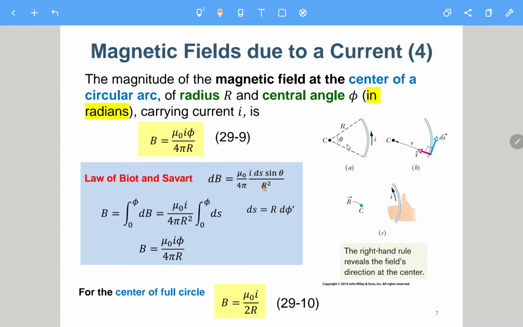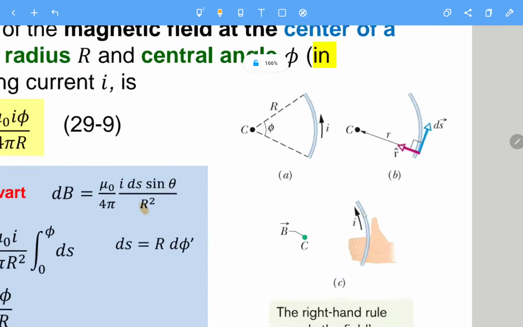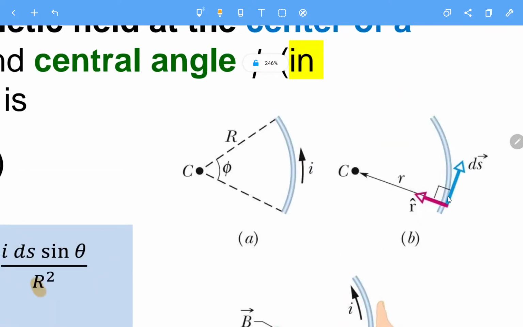Phi is the angle of this arc. So for example, for this point, ds is a tangent line to this arc, and then the r will be from ds to the center. So this r is the radius, or capital R. But here we only use a small r hat.